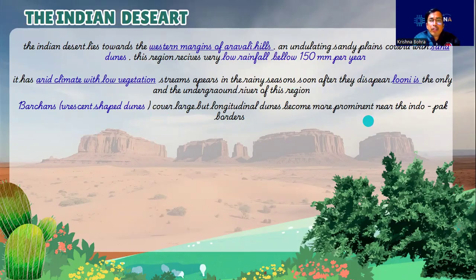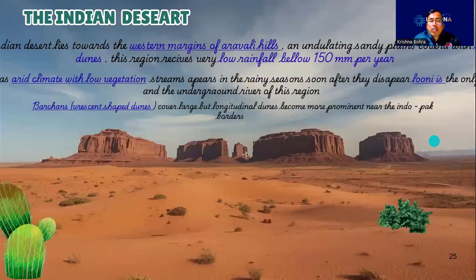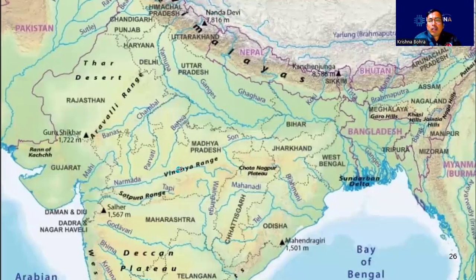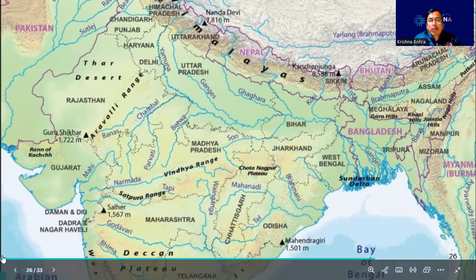One of the special features of the desert region is the formation of barchans. Barchans cover large areas, but longitudinal dunes become more prominent near the Indo-Pak border. Barchan is basically a semicircular type of feature formed by the wind in that particular area.